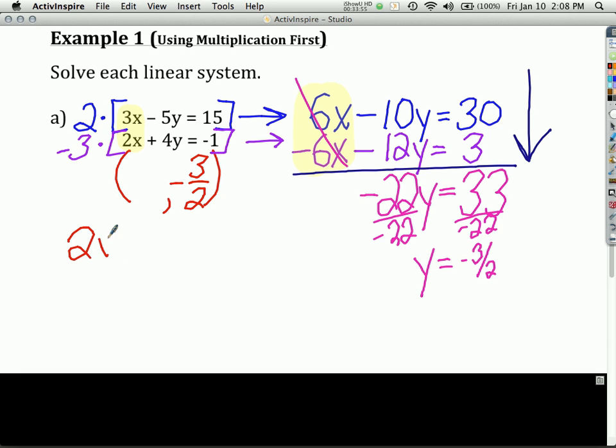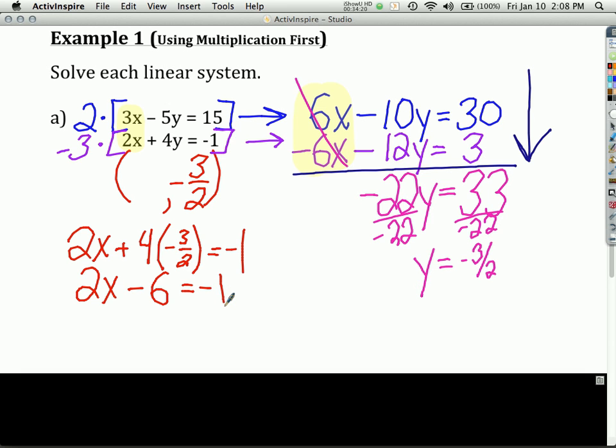So we get 2x plus 4 times negative 3/2 equals negative 1. Doing some quick mental math, you will see that this is really 2x minus 6 equals negative 1.